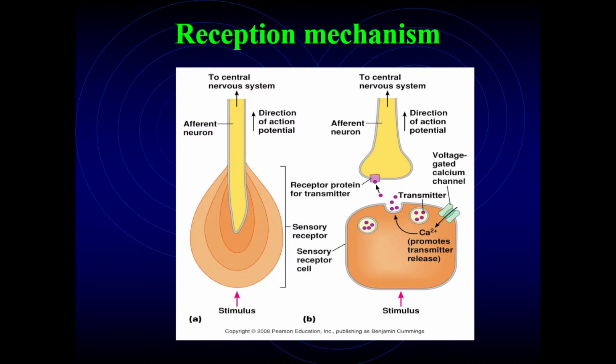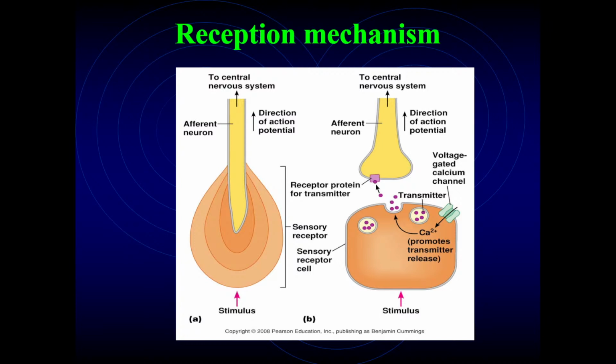Then in primary sensory receptors, the receptor potential reaches a critical level and action potential arises, which is transmitted to the central nervous system. That's why receptor potential is converted to the action potential.